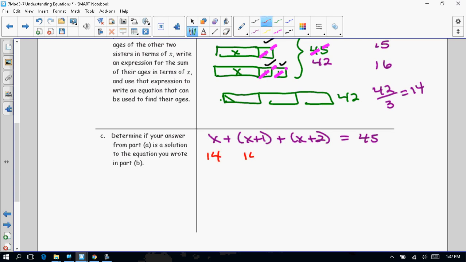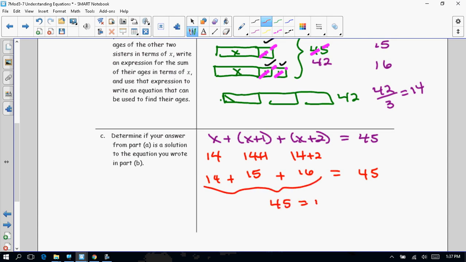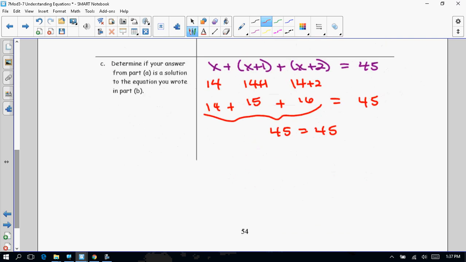Well, what's 14 plus 1? Sure enough, that's 15, the middle sister. And 14 plus 2 is 16, the oldest sister. If I add that up, does it actually equal 45? This does equal 45. 45 equals 45. It is a solution. Okay, we were right. We got both sides to equal each other, so we're good to go.